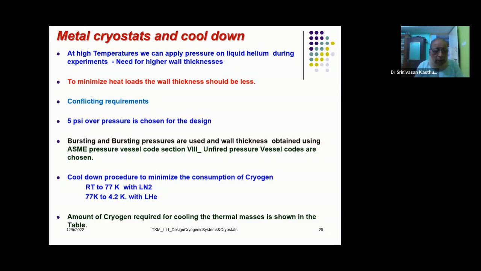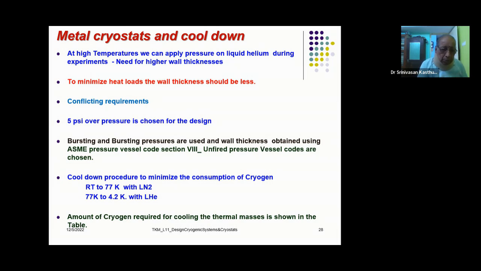Normally 5 psi overpressure is chosen in the design, and the bursting and buckling pressures are to be calculated for the wall thicknesses of the inner and outer vessels, and whichever is higher, you select that value so that the system does not have any bursting or collapsing conditions.